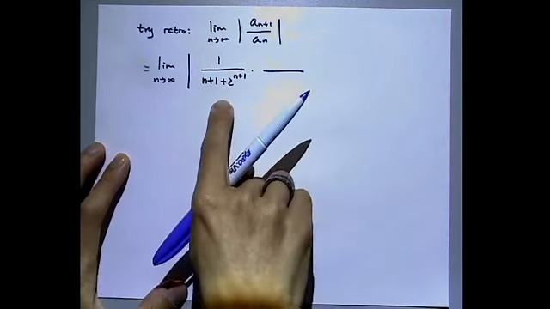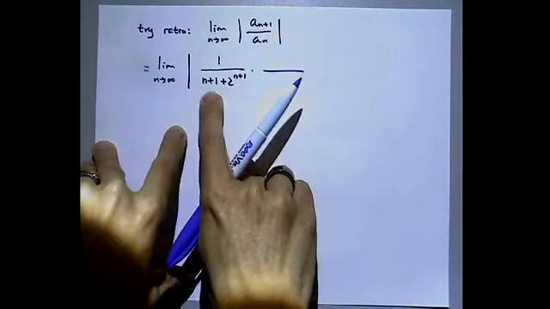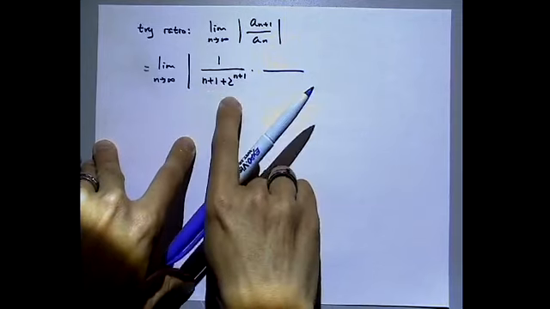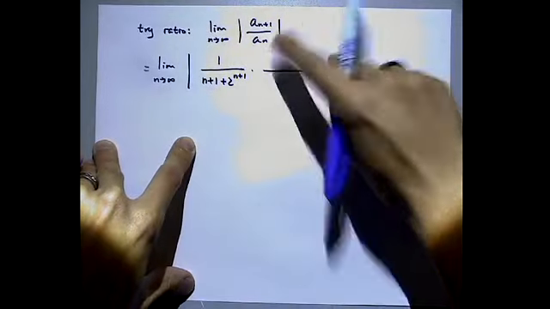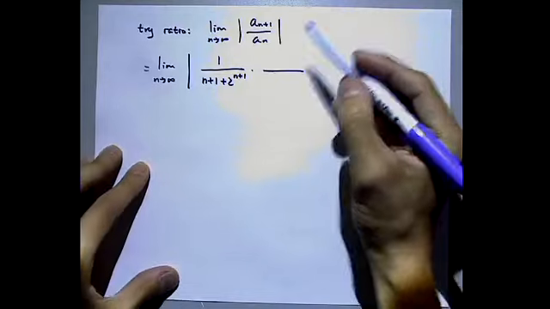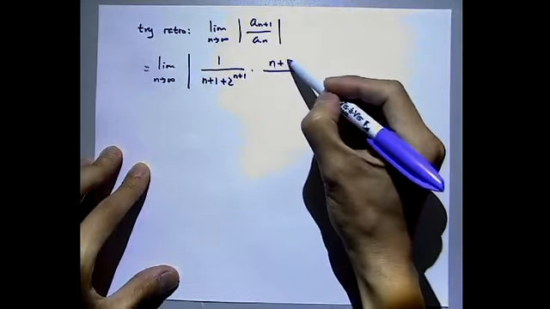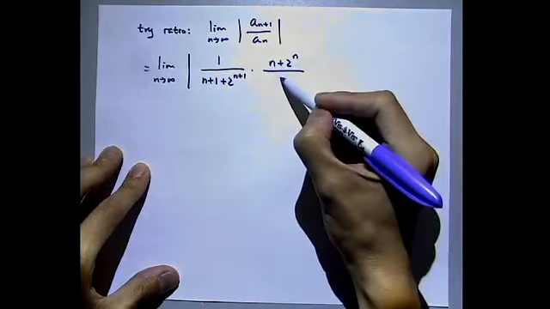So here's a_{n+1}, right? You go to a_n, change all the n's to n plus 1, and then divide it by a_n, or multiply by the reciprocal of a_n.